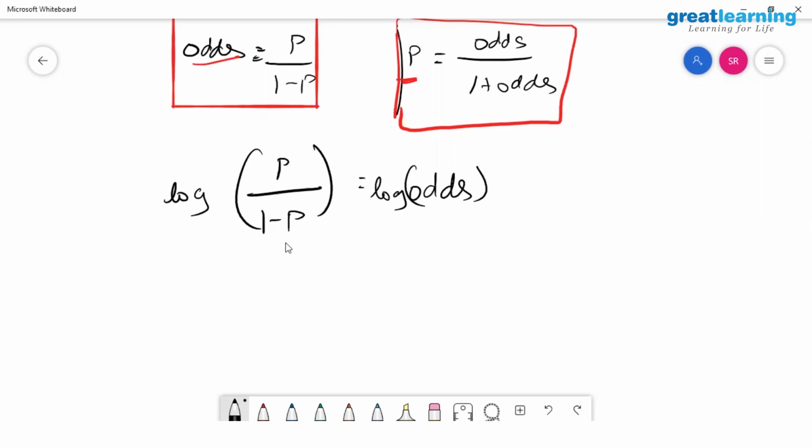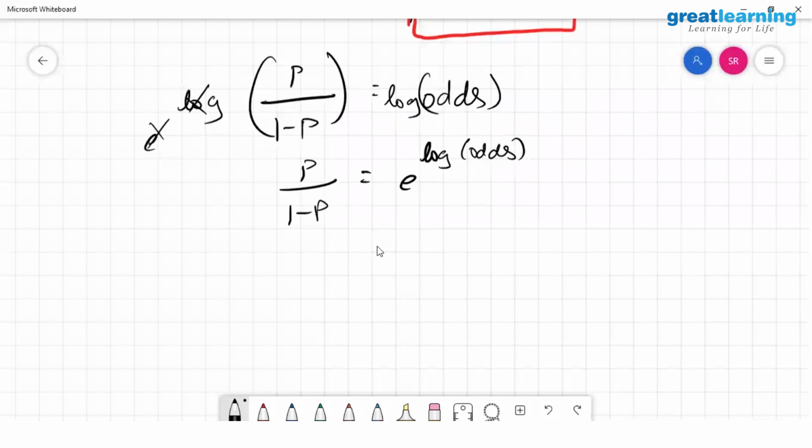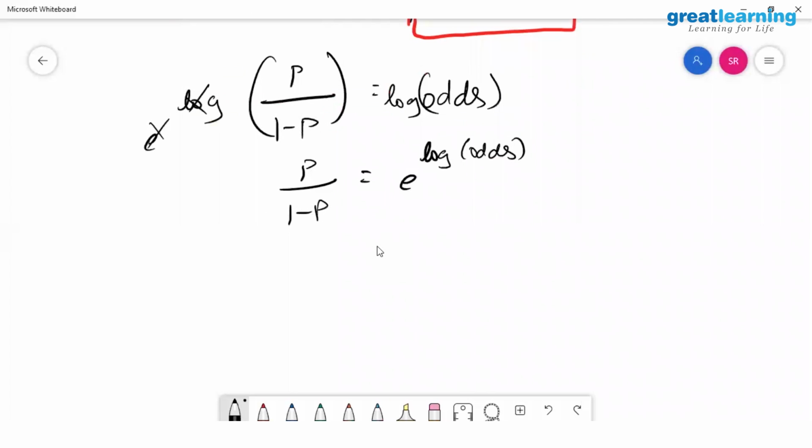We always use log odds. Then odds equals e to the power log of odds. When I take e to the power of log, the e and log cancel out, leaving the log of odds alone, because we are going to use that in the formula.